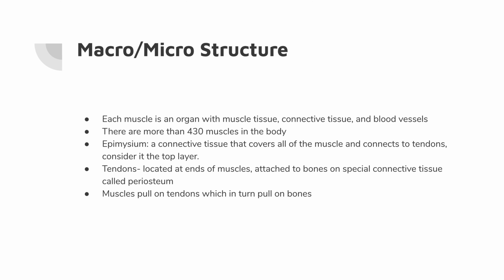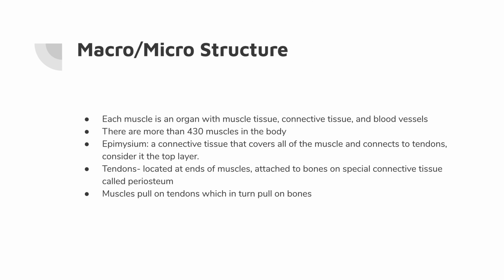And we have those tendons at the end of each of your muscles, right? So there's proximal and distal. There's beginning and ends of muscles, and there's going to be tendons at each end of them. These bones are going to have special connective tissues. And that special connective tissue that covers the outside of the bone is what we call the periosteum. Okay, so the periosteum is on the outside of the bone.